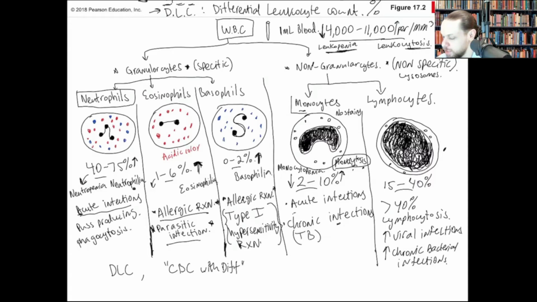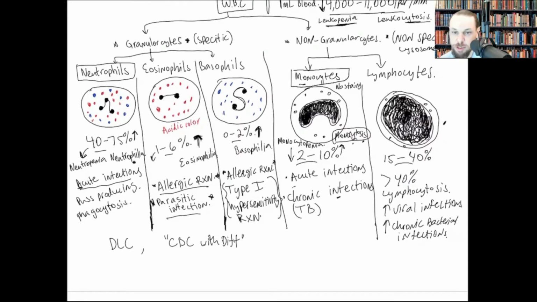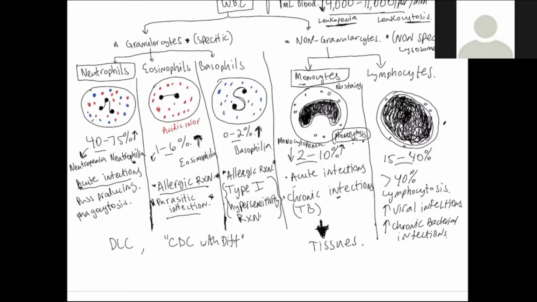The other important thing I want to say: monocytes, as long as they're in circulation, are called monocytes. But the moment they leave the circulation and go to the tissues, they're no longer called monocytes. Do you want to know what they're called in the tissues? T cells?